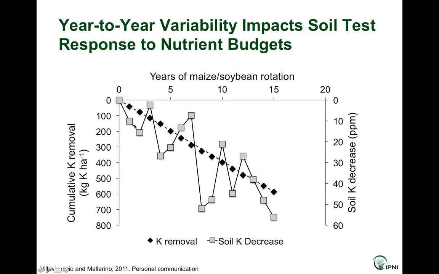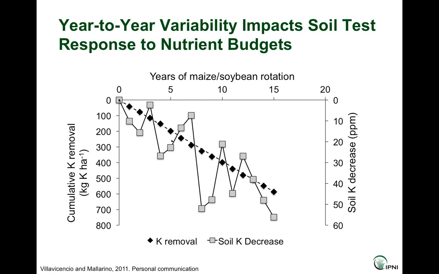You can see that that decrease varied a lot over time, and in some cases it was greater, in some cases it became less again. So you can imagine that if you're advising a farmer and you start out initially and say, okay, our cumulative or our soils are good, let's not fertilize for 2 or 3 years, and we should see a decrease.